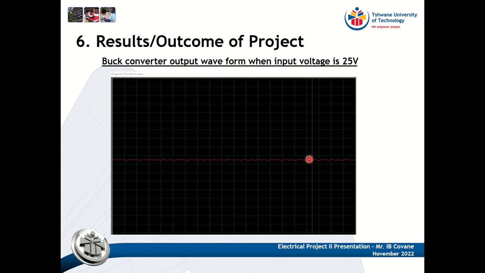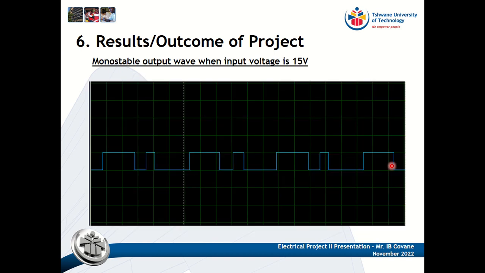So here let's look at our results. This is the buck converter output waveform when the input voltage is at the maximum of 25 volts. As we can see here, it has some ripples. Let's look at the monostable output waveform when the input voltage is 15. We can see that when the input voltage is at 15, its lowest input voltage, the duty cycle is high.